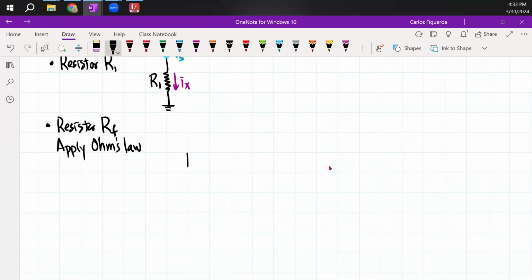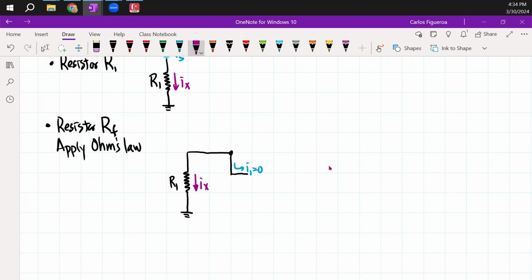I have my resistor R1, and we know that it has a current IX. When I look at this node, I come all the way to right here, and there's this junction. I follow the wire, and there's no current here. I know for a fact that the current here is 0, so there's no loss of current at this point.